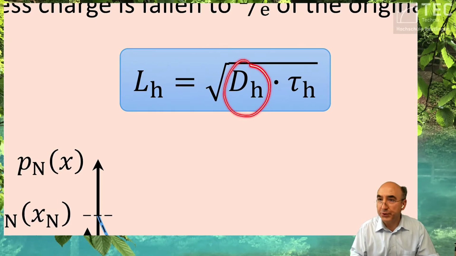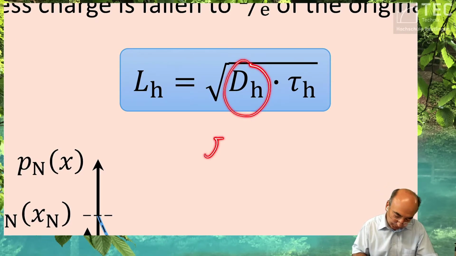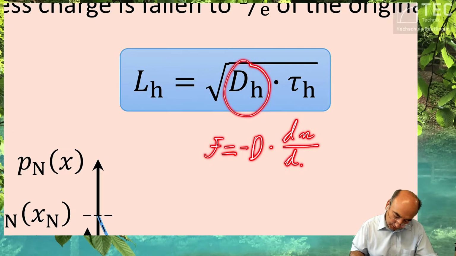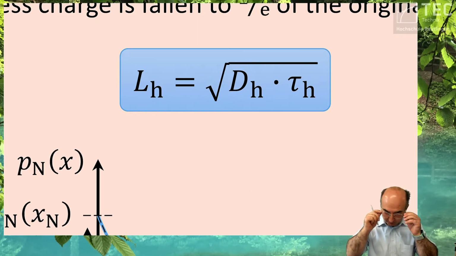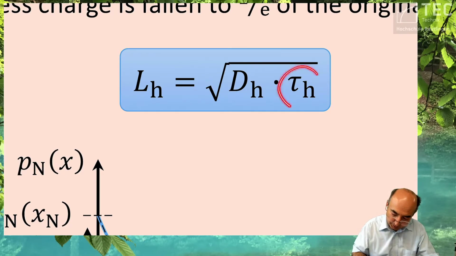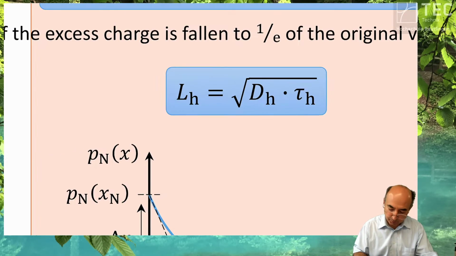The diffusion coefficient, sure, because the flux is diffusion constant times dn/dx. So therefore we have this diffusion constant. And now we have an additional value, tau h.